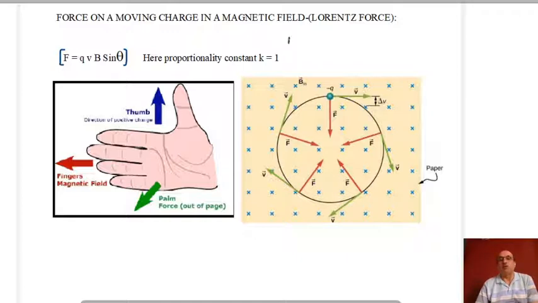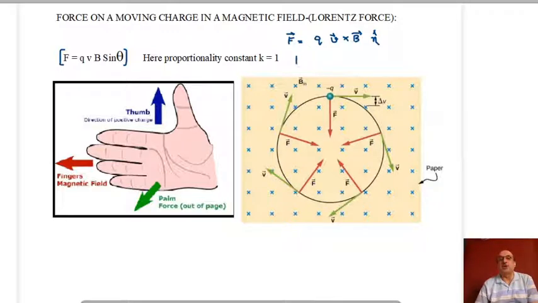As force is a vector quantity, it will have a direction also. So to represent the direction, F is equal to Q V cross B. V cross B will be V B sine theta times n, where n is the vector which is perpendicular to the velocity and the magnetic field.